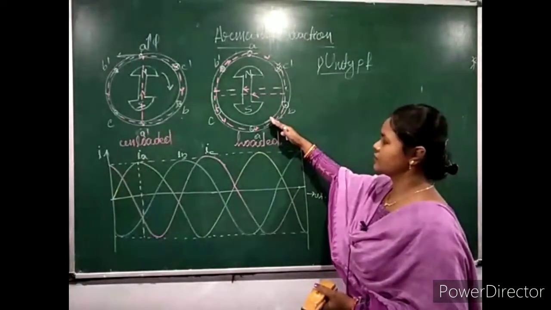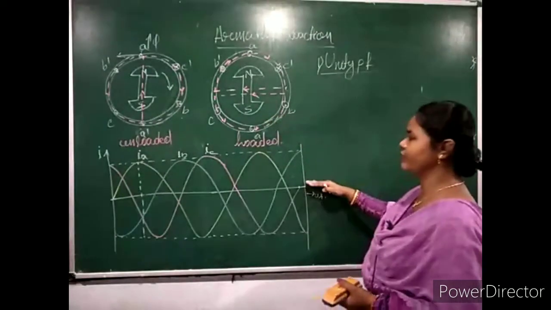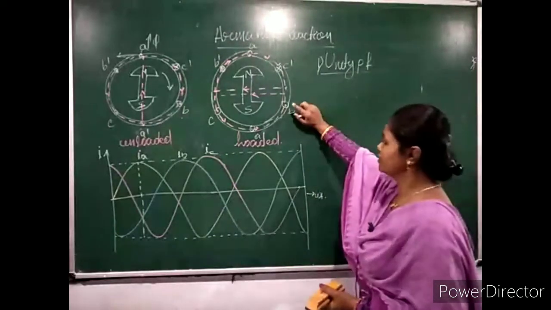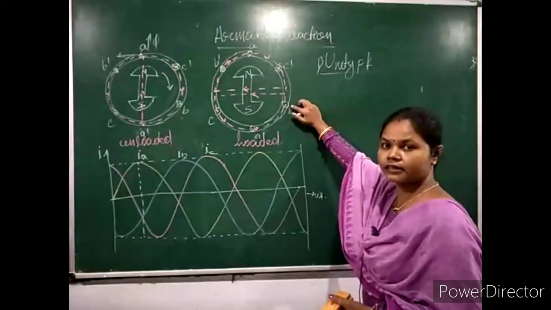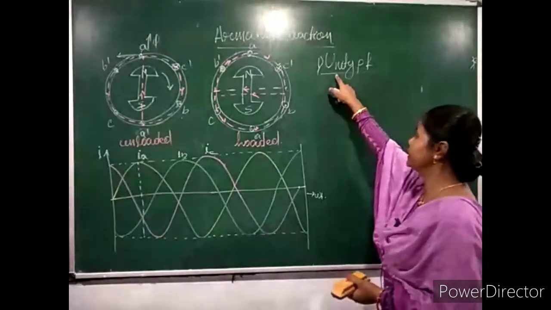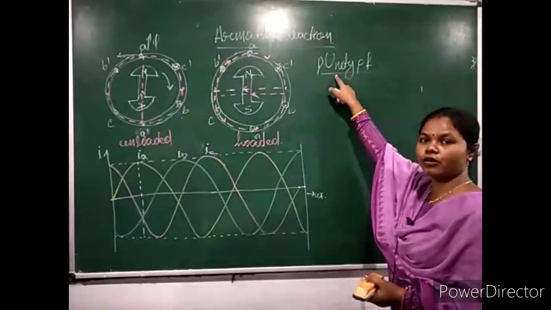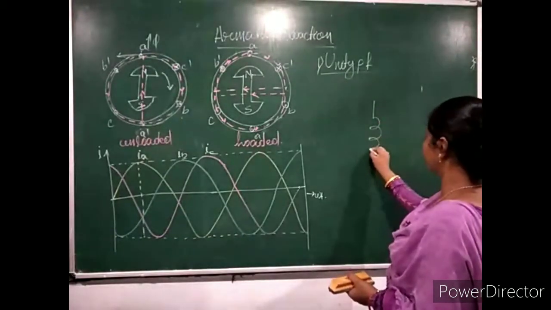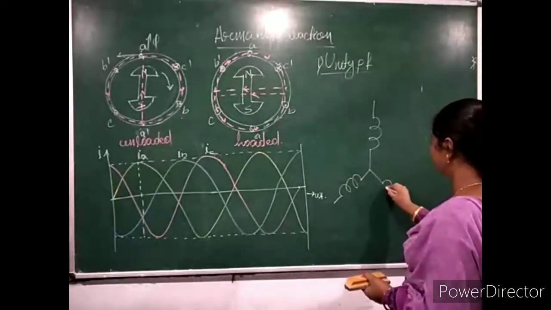Here the current through each phase I represent in waveform. I represent the current for this loaded alternator, the current which circulates to the load. As here I take the load as unity power factor, it means my load is purely resistive. Suppose this is an armature winding.